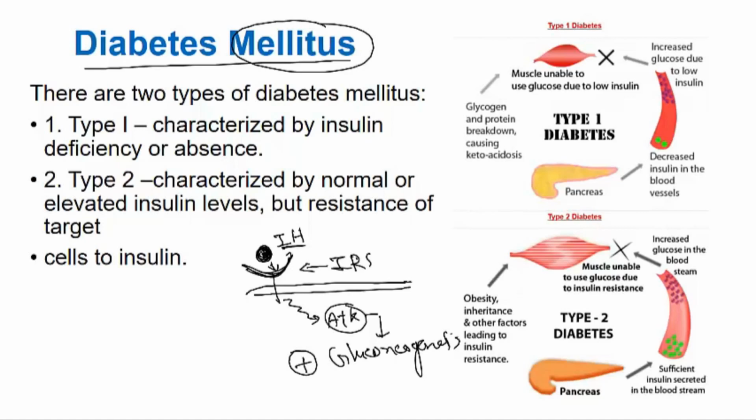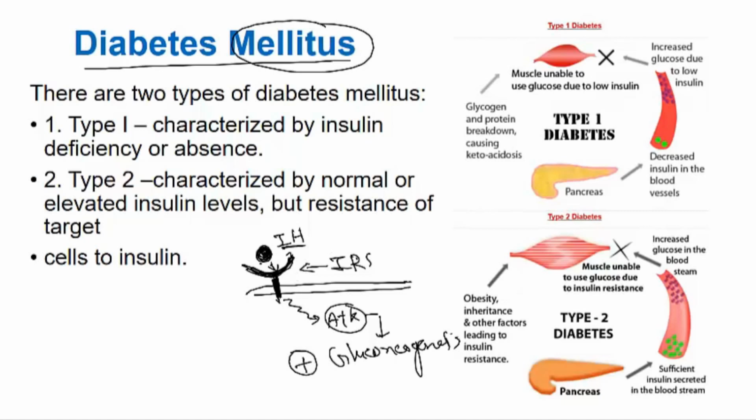That is one, and second is that there is something wrong with the receptor, so that the receptor is unable to properly engage in interaction with the insulin. In both cases, they cannot ultimately activate all those cellular mechanisms that take up the glucose from the blood into the cell and convert it into glycogen.